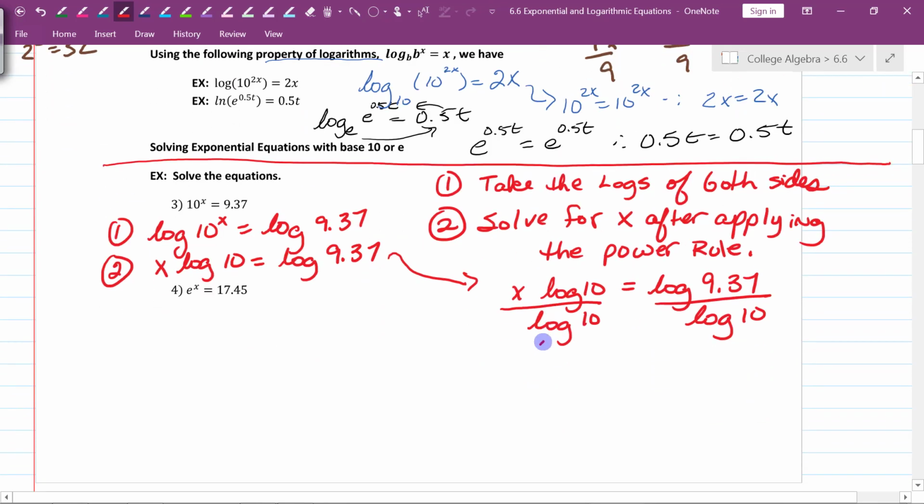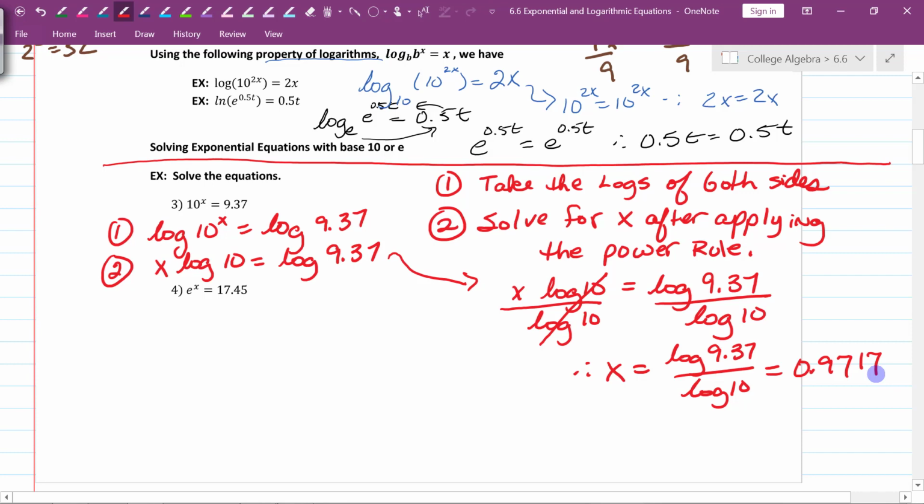Now that crosses off, therefore x is equal to log 9.37 divided by log 10. Grab your calculators, punch it in, and you should find that it is equal to 0.9717.